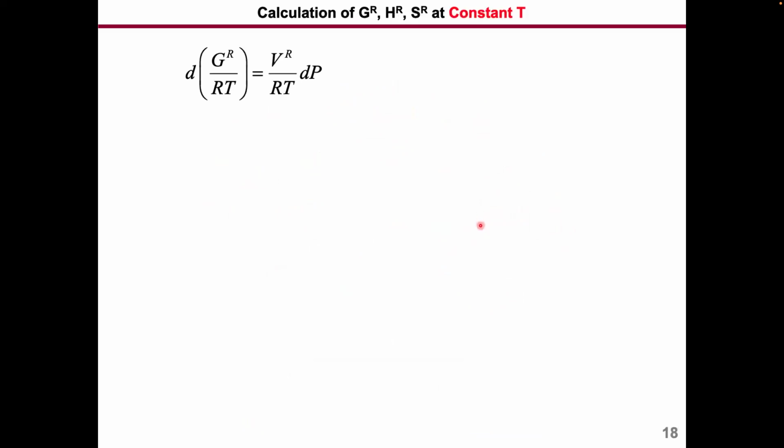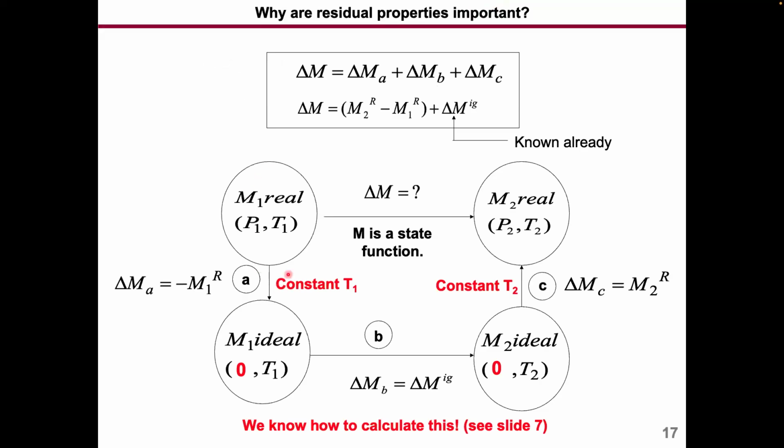All right, so now let's give you some quick examples of how to calculate residual properties at constant temperature. Remember, in these steps, you only need to calculate residual properties at constant temperature.